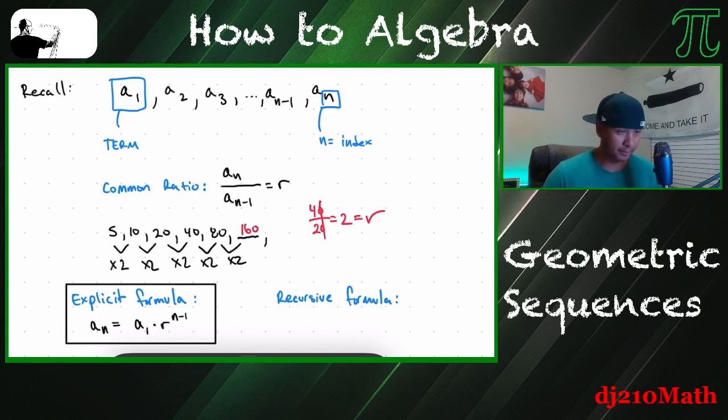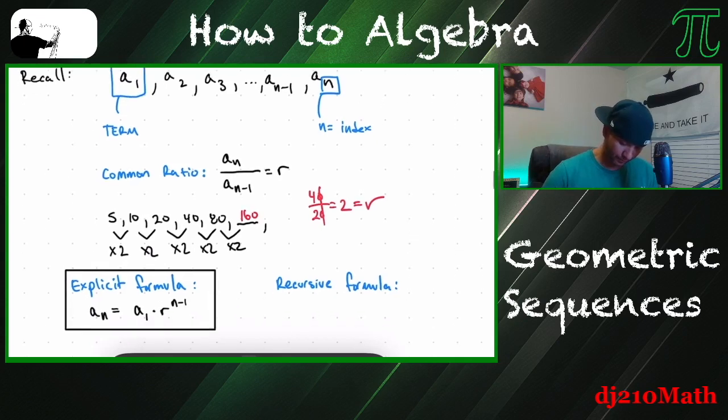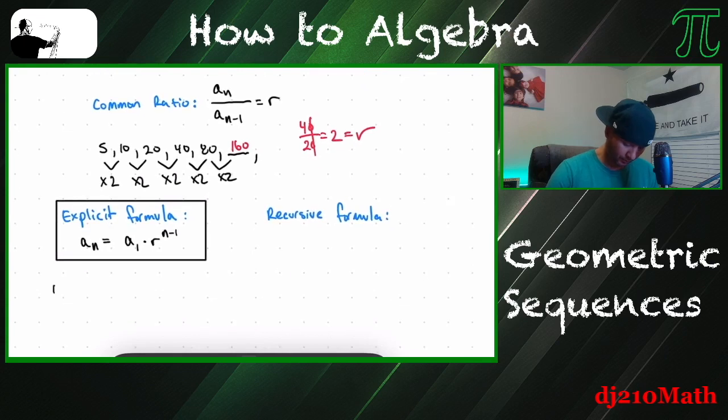So any term, a sub n. For instance, let's see, 1, 2, 3, 4, 5. If we want to do the sixth term, the 160 that we found, then a sub 6, because that would be the sixth term, is equal to the first term, a sub 1, which would be 5, times the ratio, which would be 2, to the n, which is 6, minus 1 power.